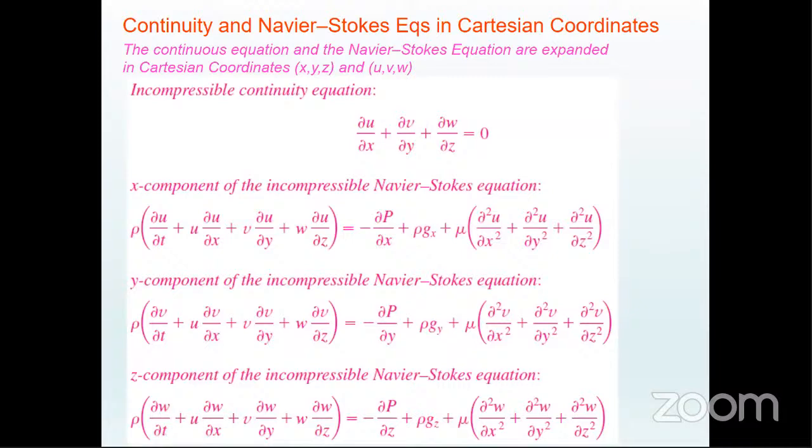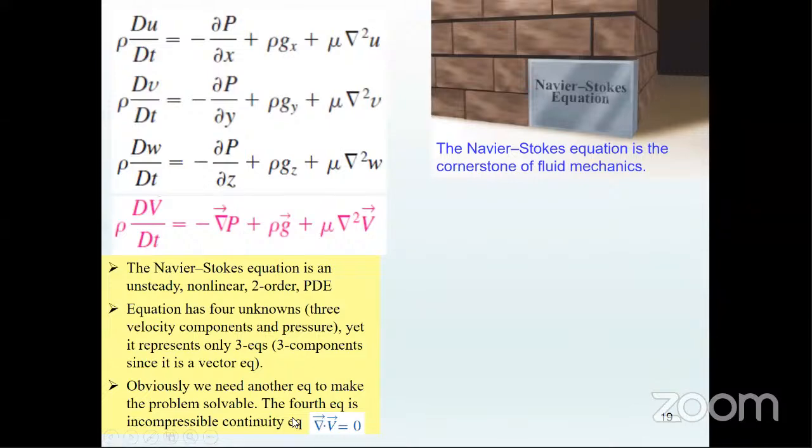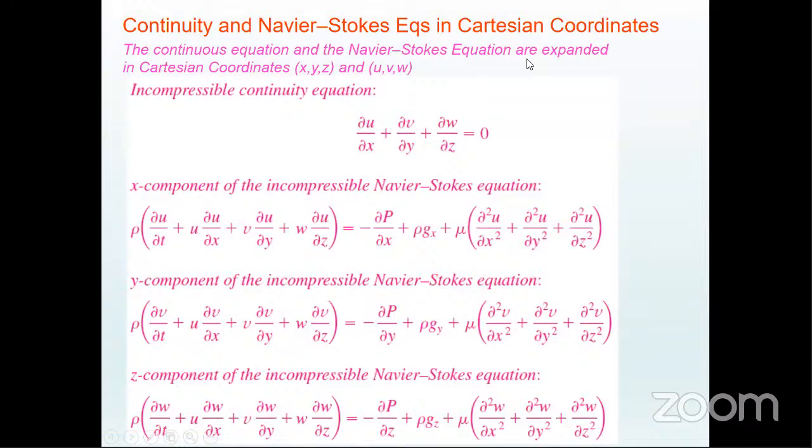If you combine this continuity equation with the Navier-Stokes equations, they are expanded in Cartesian coordinates x, y, z, with u, v, w as the velocity components. The incompressible continuity equation can be represented as del u by del x plus del v by del y plus del w by del z equal to 0. Take the x component, y component, and z component of incompressible flow in terms of the Navier-Stokes equation.